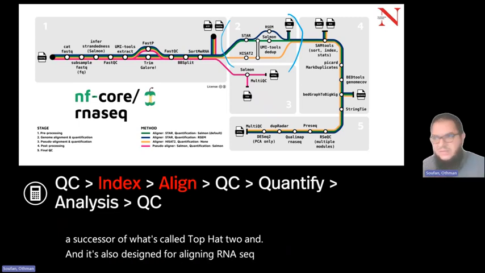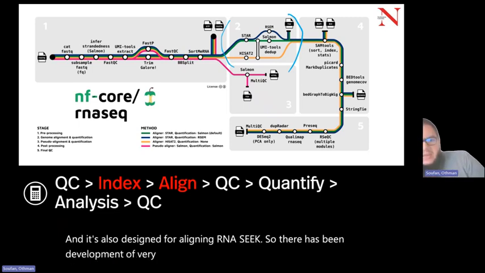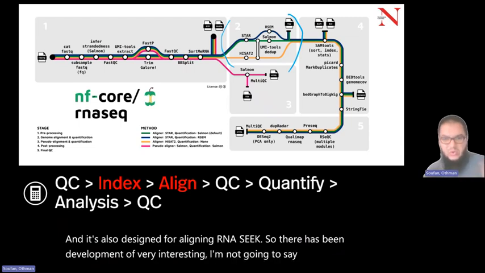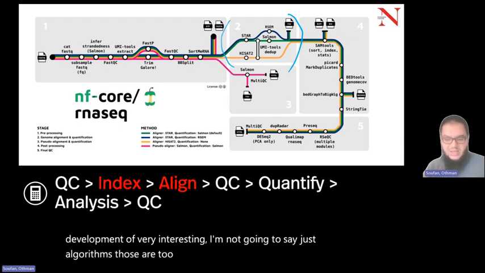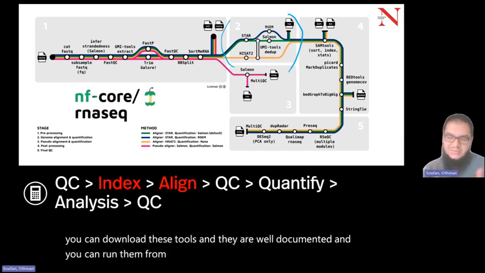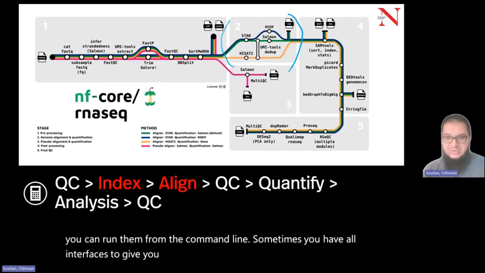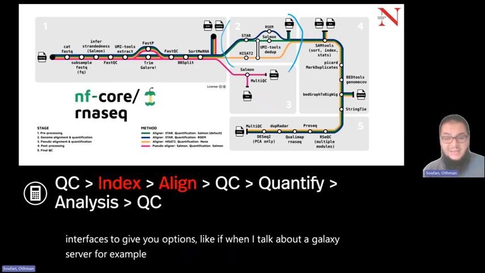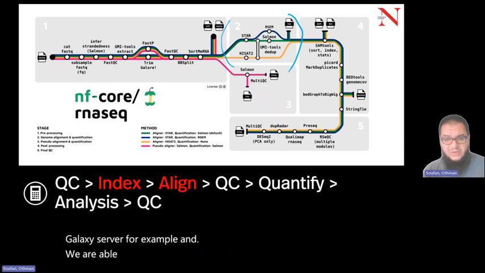So there has been development of very interesting tools, including algorithms. You can download these tools, and they are well documented, and you can run them from the command line. Sometimes you have online interfaces to give you options, like when I talk about a Galaxy server, for example, and we are able to execute these programs.